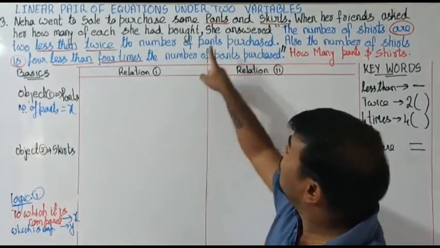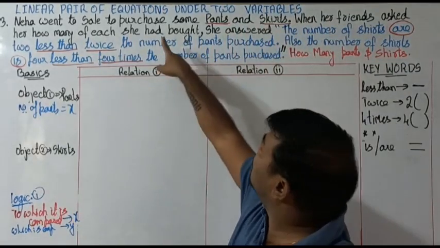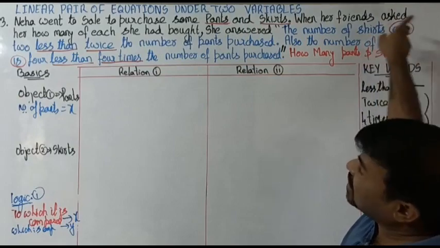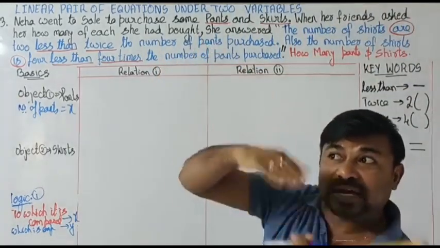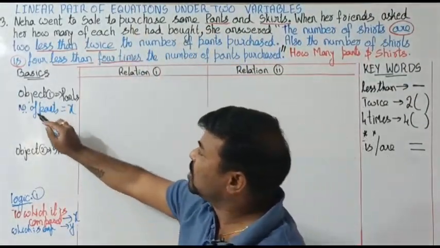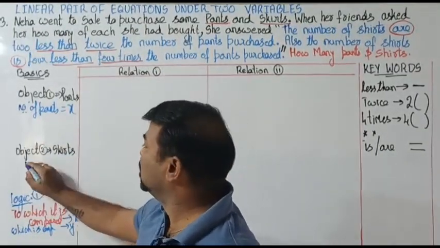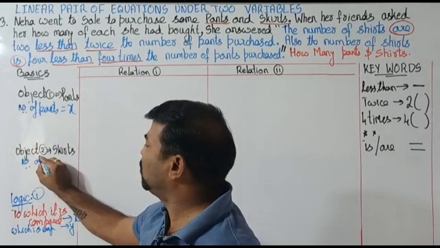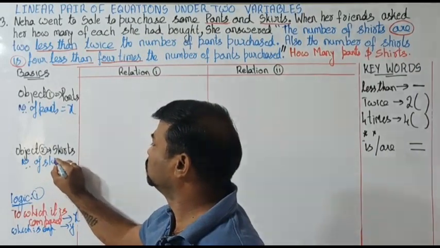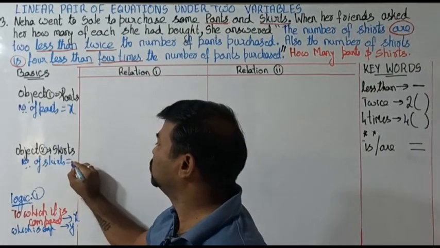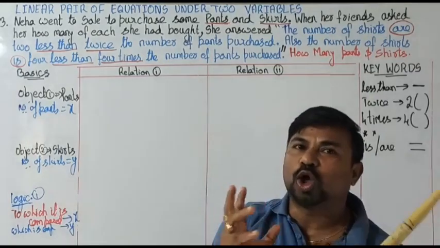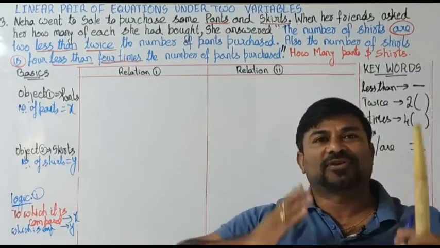So which is compared? Skirts are compared to the pants. Therefore, the number of pants I am taking as X, and the number of skirts I like to take as Y. This is the cool logic. I am telling these logics forever.